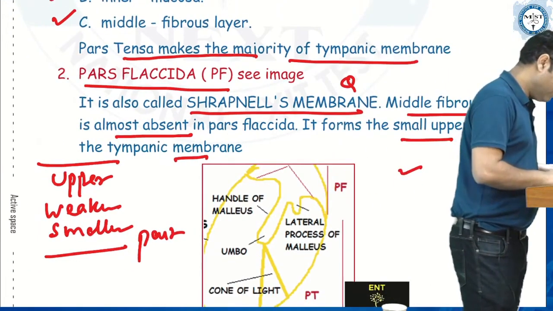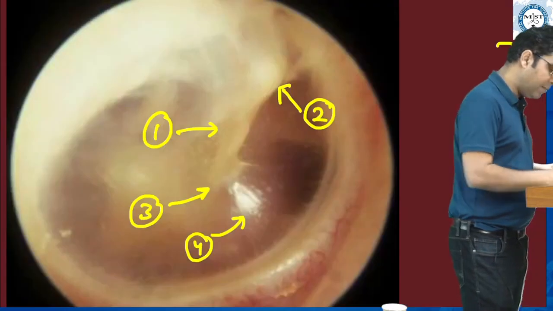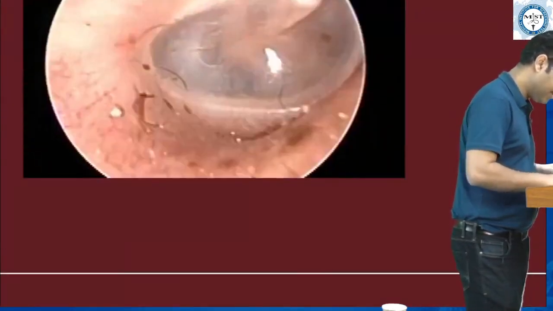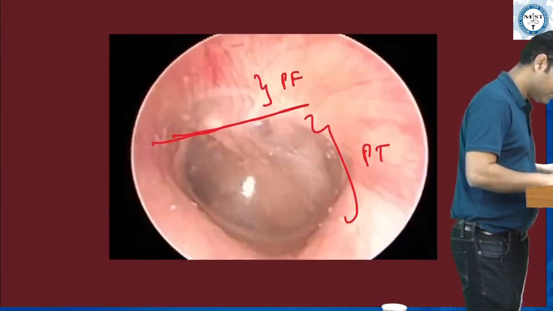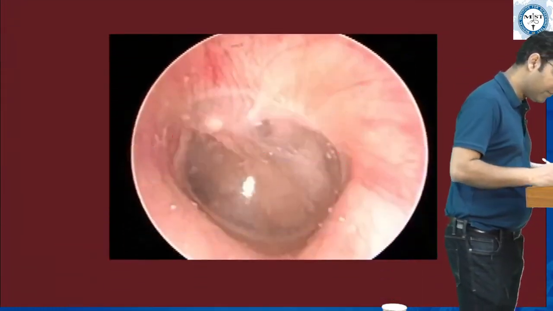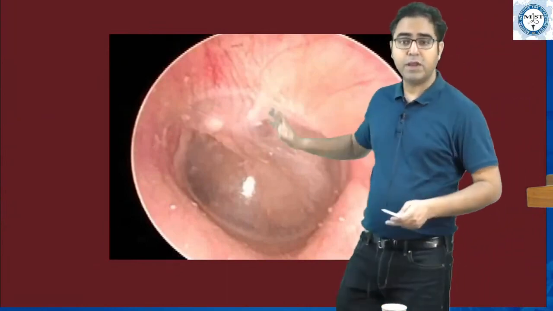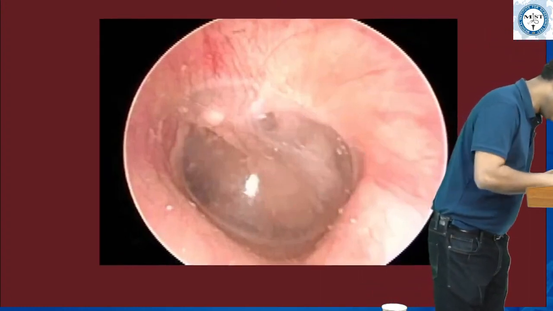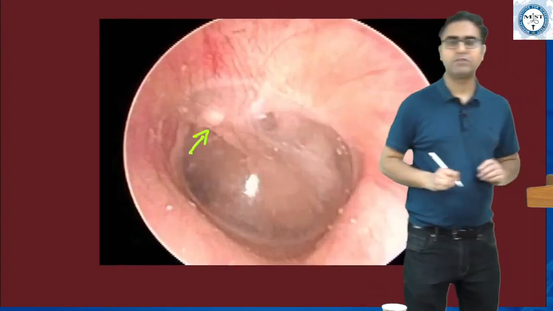You say, where is all this, beta? In the real tympanic membrane, where are the tensa and flaccida? Now please see this picture, beta. Let us see this tympanic membrane and understand which is tensa and which is flaccida. This is the lateral process of malleus.